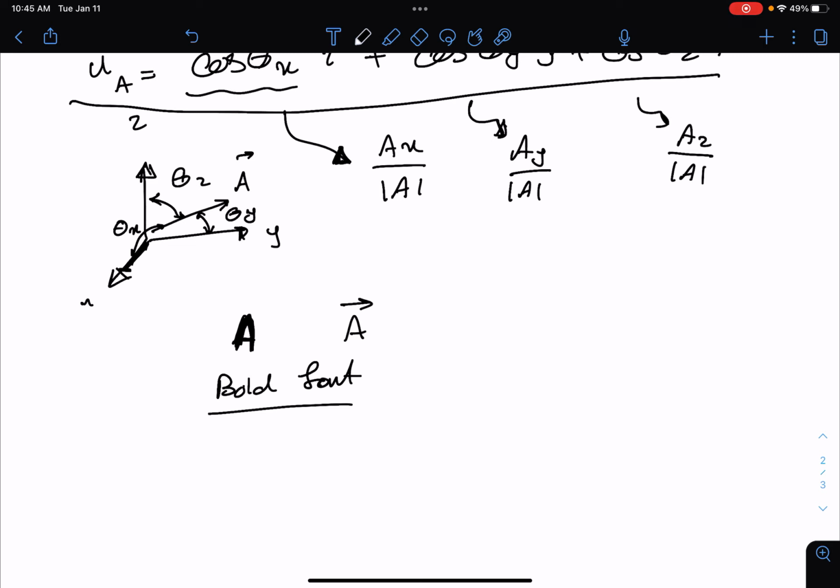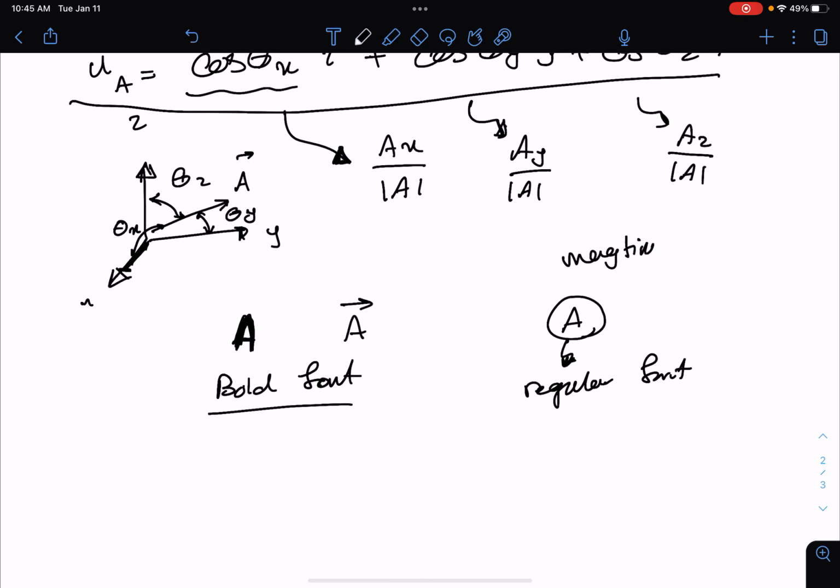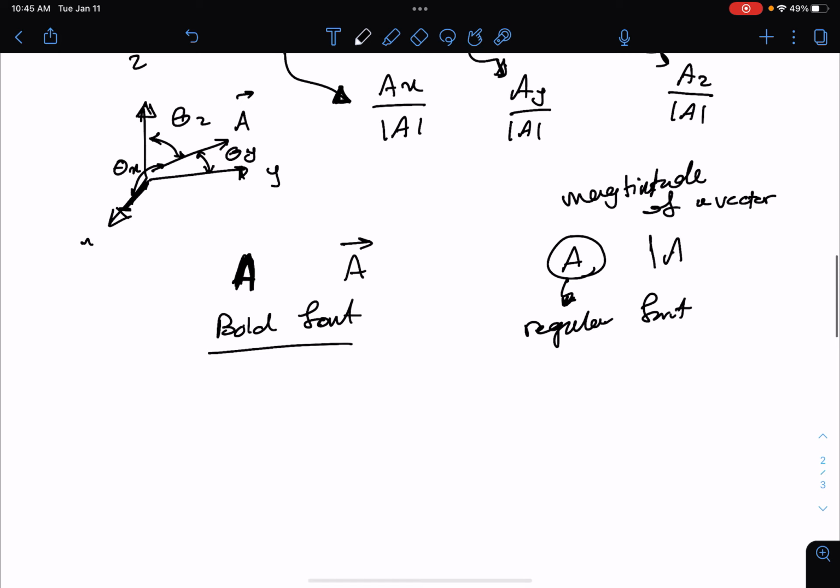And whenever you see a non-bold, regular font, that is talking about the magnitude of a vector. I use the magnitude sign as well as a regular letter. Just make sure you are aware of this so you won't get confused.